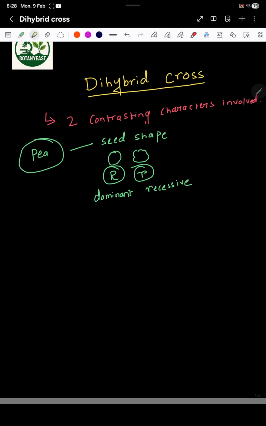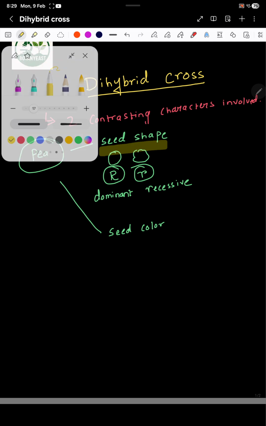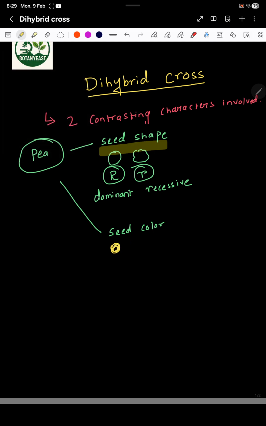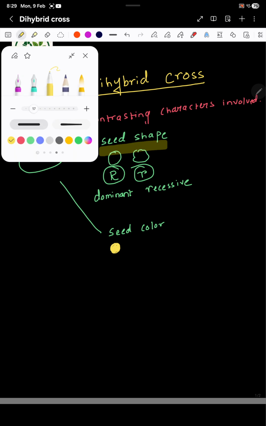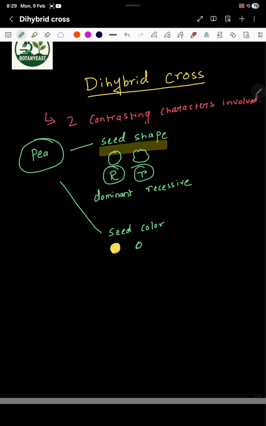And this was one character. Seed shape was one character. Obviously we are talking about the dihybrid cross, so we will have to choose another character. Mendel chose another character, that was the seed color, in which he got yellow seeds and another, he got the green seeds.